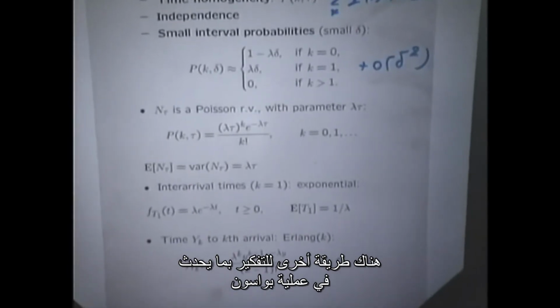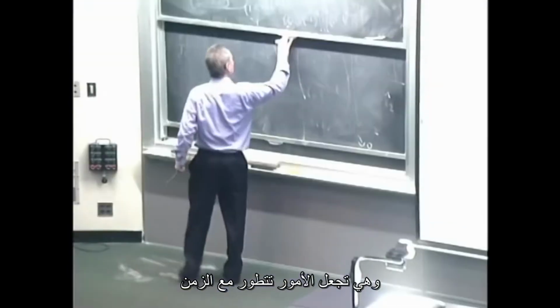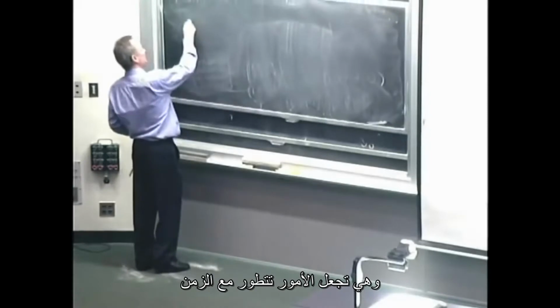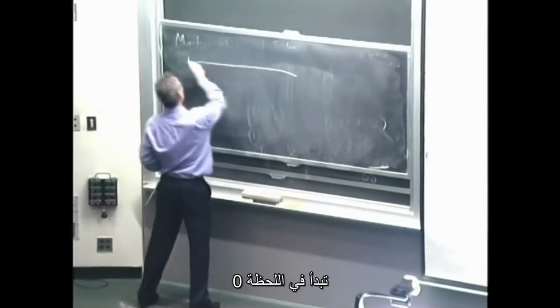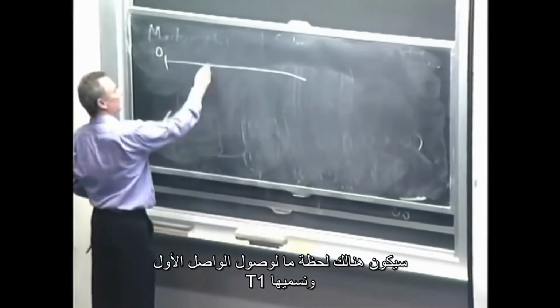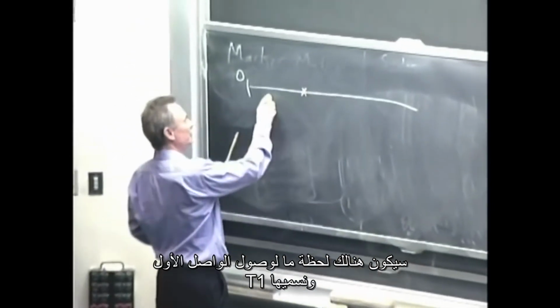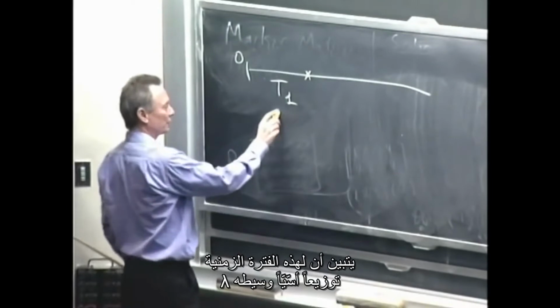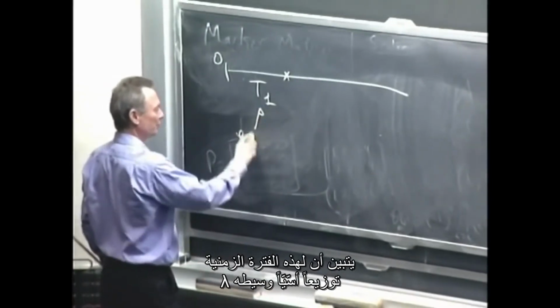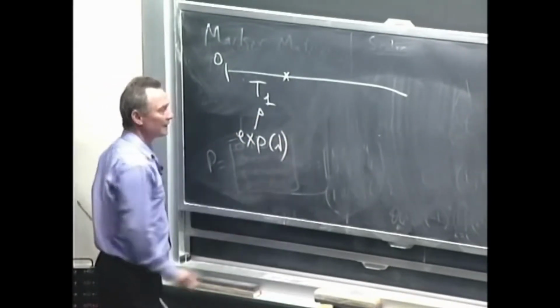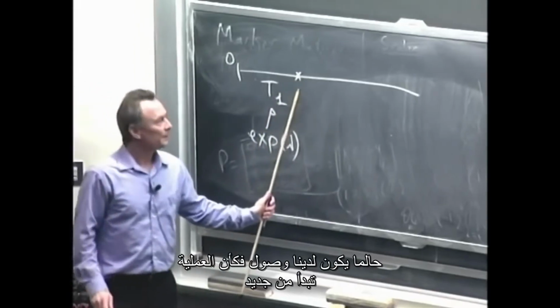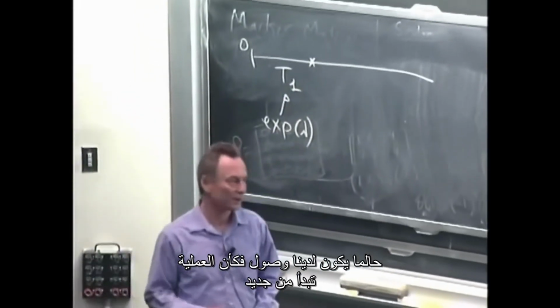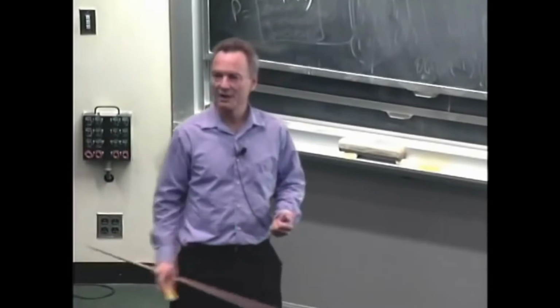There's another way of thinking about what happens in the Poisson process, and this has to do with letting things evolve in time. You start at time 0. There's going to be a time at which the first arrival occurs, and call that time T1. This time turns out to have an exponential distribution with parameter lambda. Once you get an arrival, it's as if the process starts fresh.